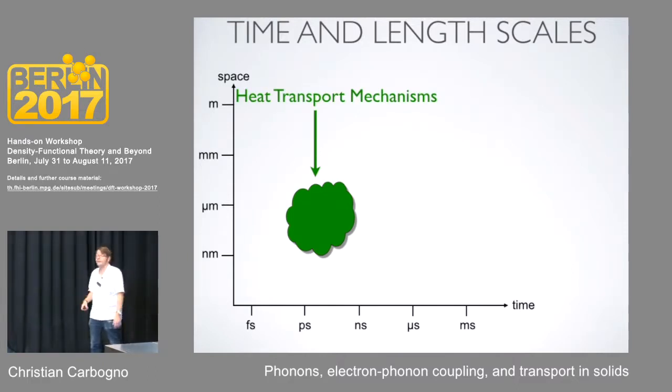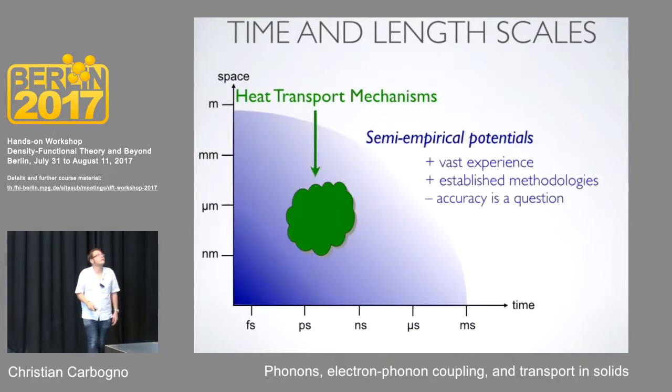If your system is particularly harmonic, you have to average up to nanoseconds. And if you translate that into a length scale, how far your phonons will have traveled, this translates into something like microns. And this is obviously the domain where typically semi-empirical or classical potentials shine.